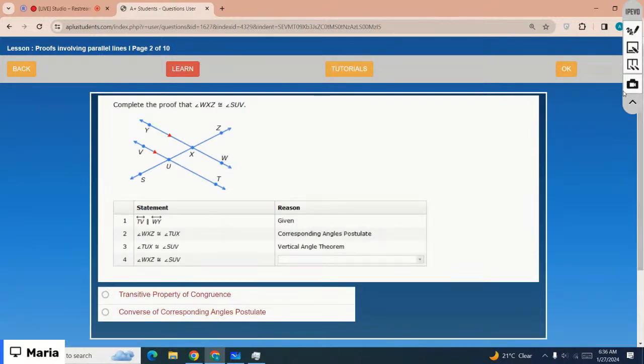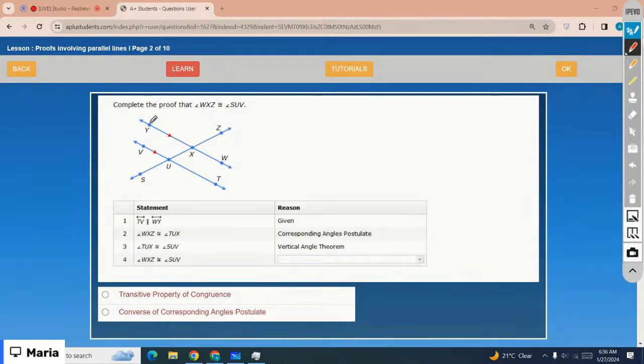Okay, the next one is: complete the proof that WXZ is corresponding to SUV. TV and WY are parallel, that is given.